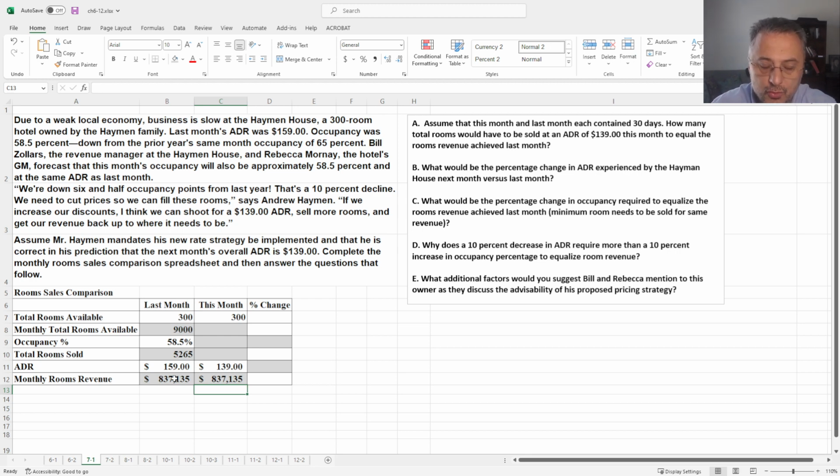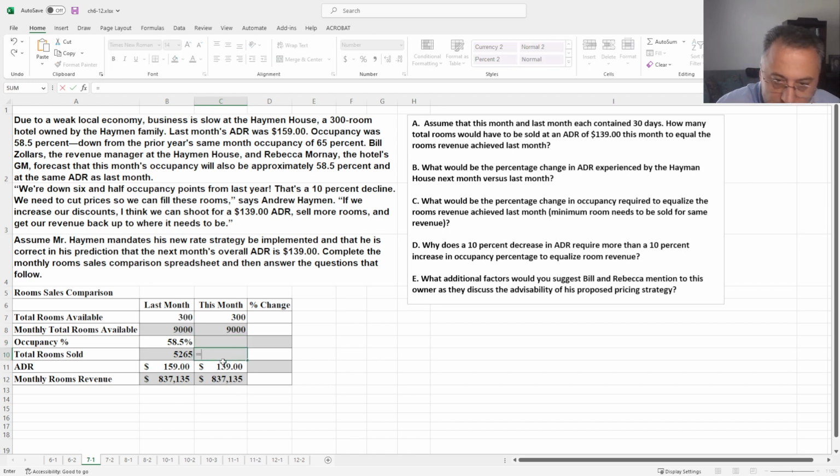How many rooms do you need to sell? The idea is, of course, you want to sell more than that, but what is the minimum required? Now, of course, this is the exact same 9,000 rooms. To achieve this number, how many rooms do we need to sell?